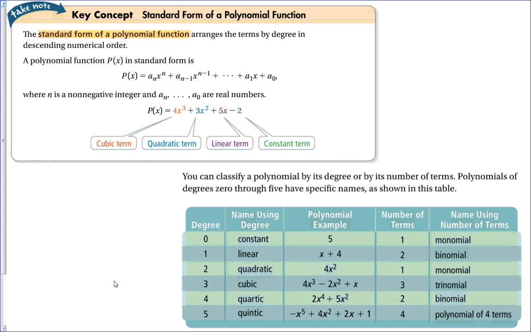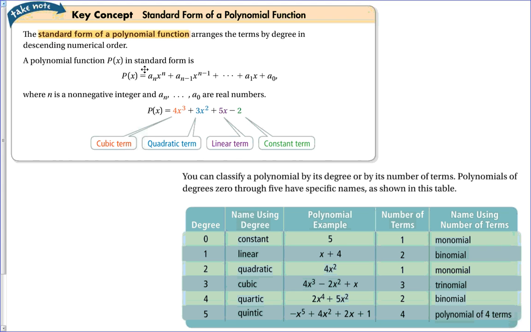All right, now this is also a vocab word, but I wanted to give you this picture as well. It's called the standard form of a polynomial function. That's what's highlighted right there, your vocab. It arranges the terms by degree in descending numerical order.